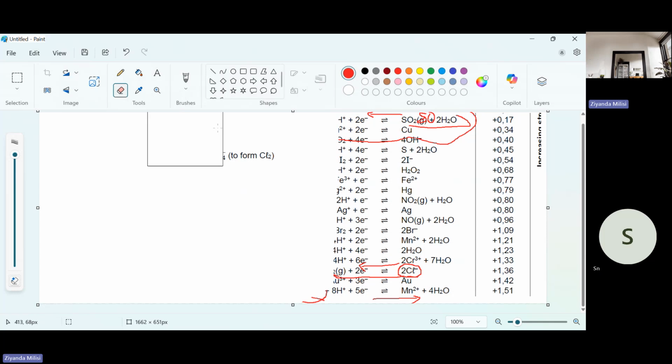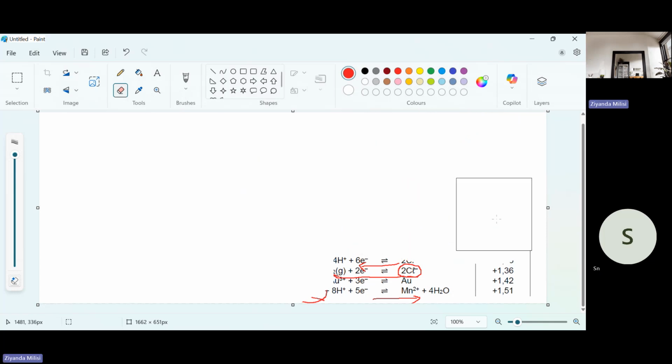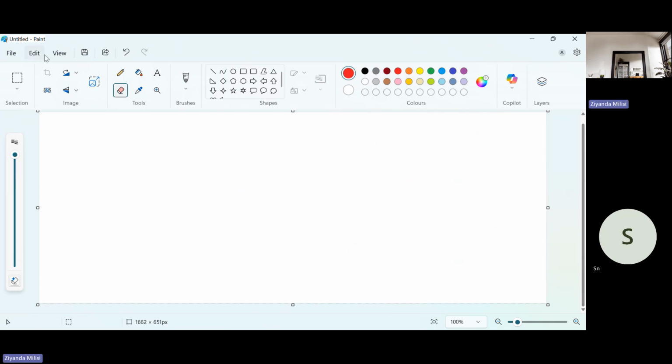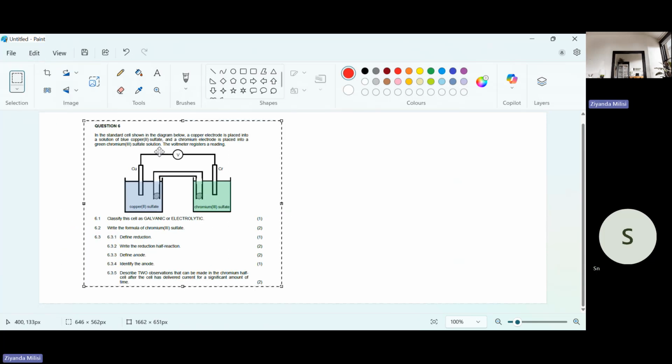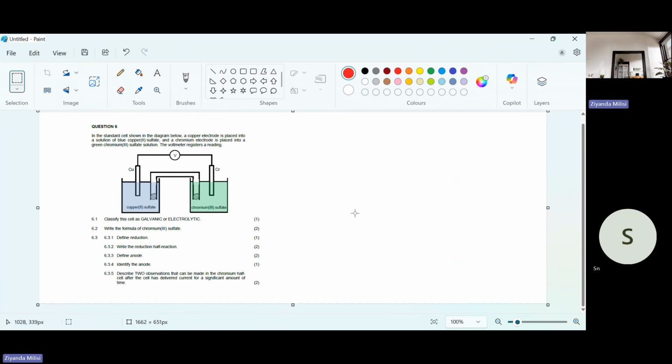Okay, let's now look at this one. This one is an easy one. I hope they will give you a cell as easy as this one. Was it not easy when you were answering it? It's very easy, this one. Both of them are metals. You see, there isn't much information.